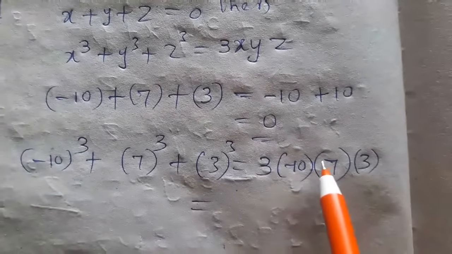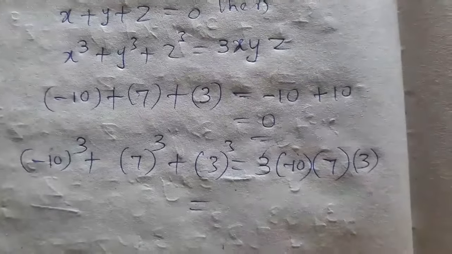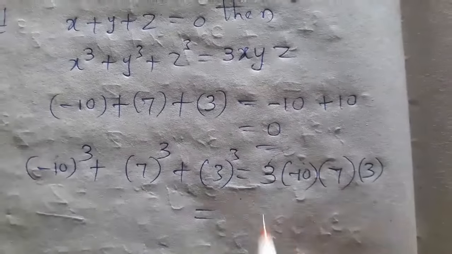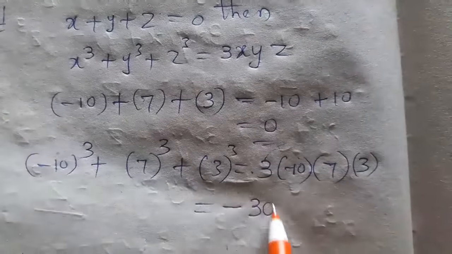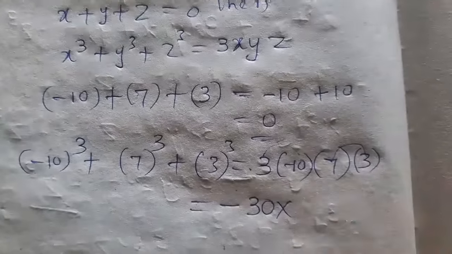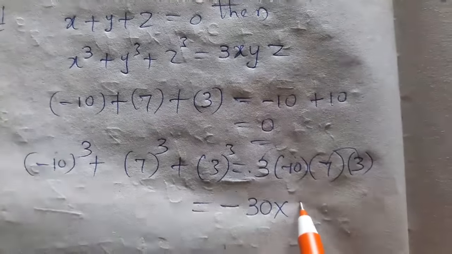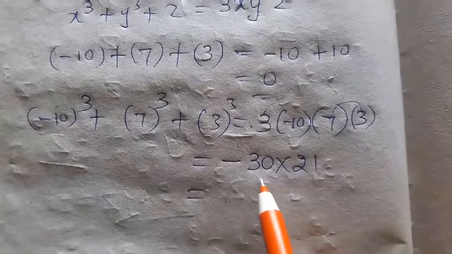Now that equals 3 into 10, but plus into minus became minus. 3 tens are 30, into 3 sevens are 21.